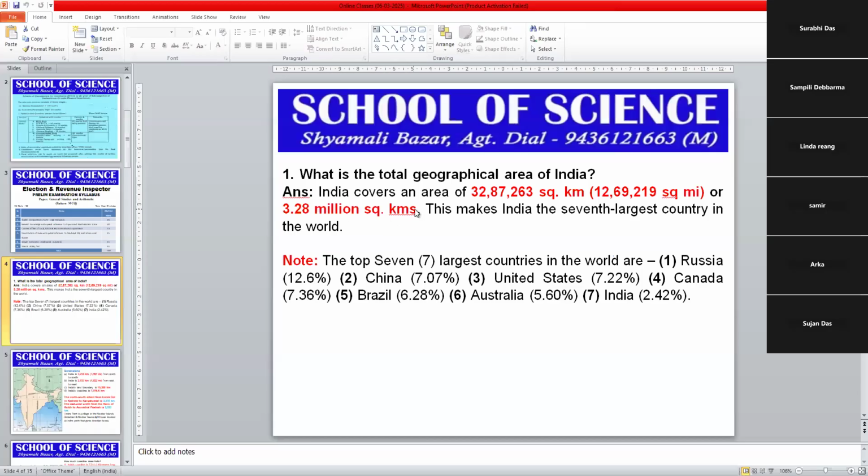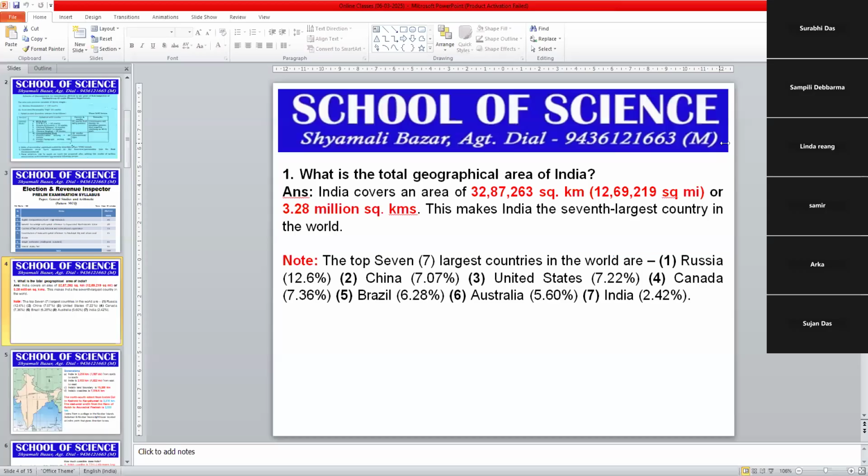Sometimes they give MCQs and they write 3.17, 3.18, 3.26, 3.28 million square kilometers. So you should be very authentic, and you should know that the total geographical area of our country is approximately 3.28 million.